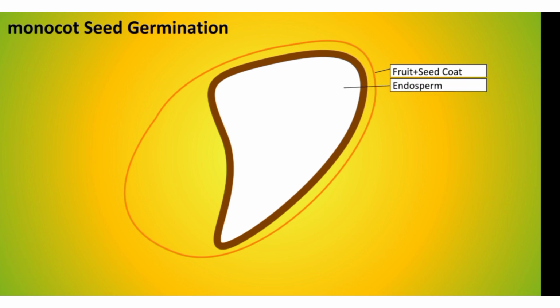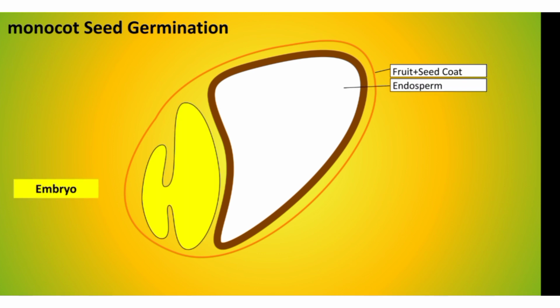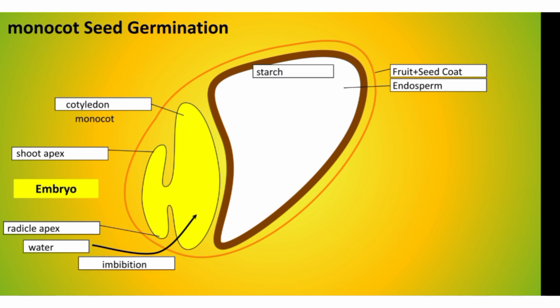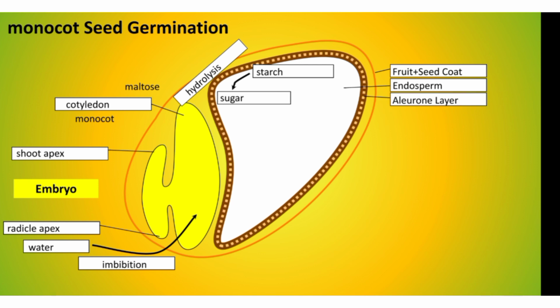Next is the endosperm. Next is the embryo, the shoot apex, the radicle apex, the cotyledon, the monocot, the imbibition, the water, the starch, the hydrolysis, the sugar, and the aleurone layer, the storage protein.